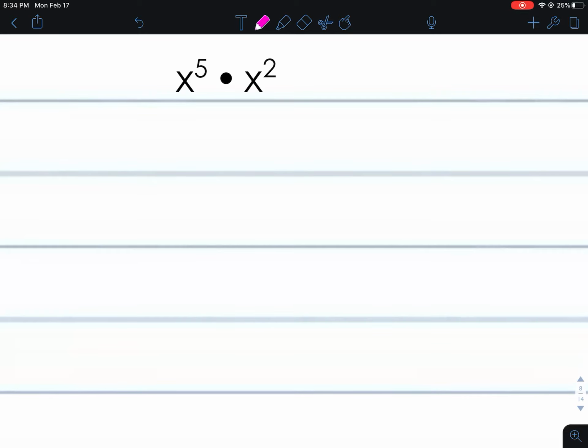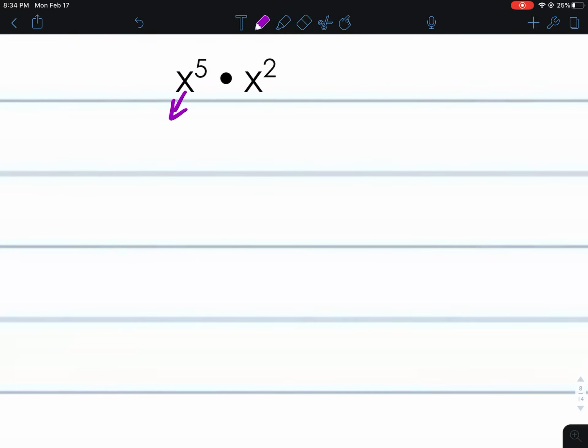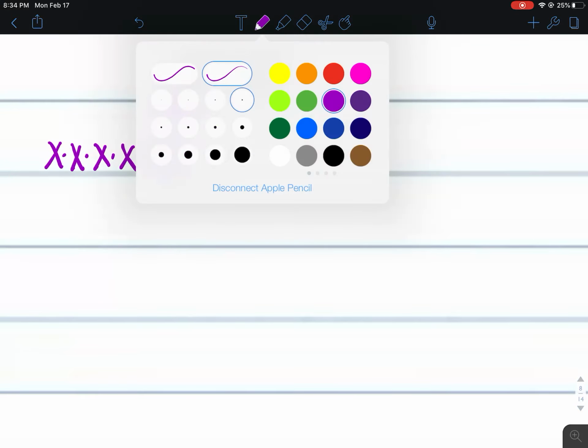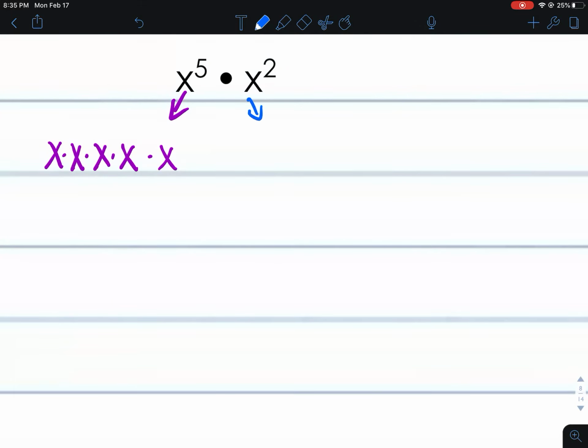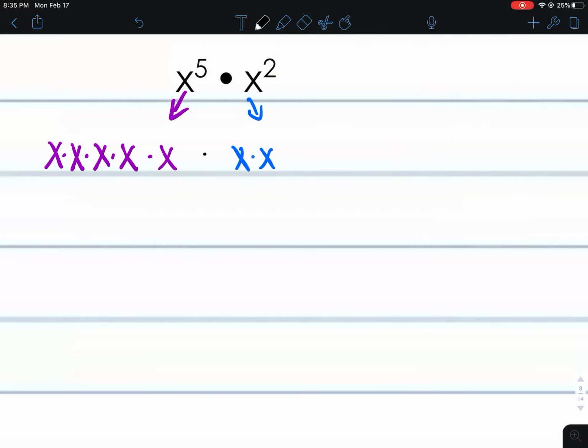So I'm going to color code this just for the first couple of these. So x to the fifth would be x times x times x times x times x, and then if we had x squared, that would be x times x. So instead of writing these as two separate pieces of the multiplication, we can rewrite it.